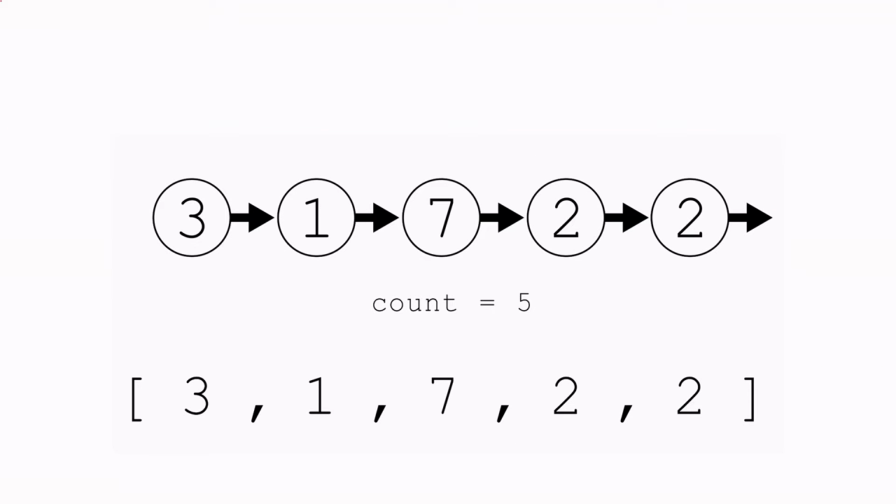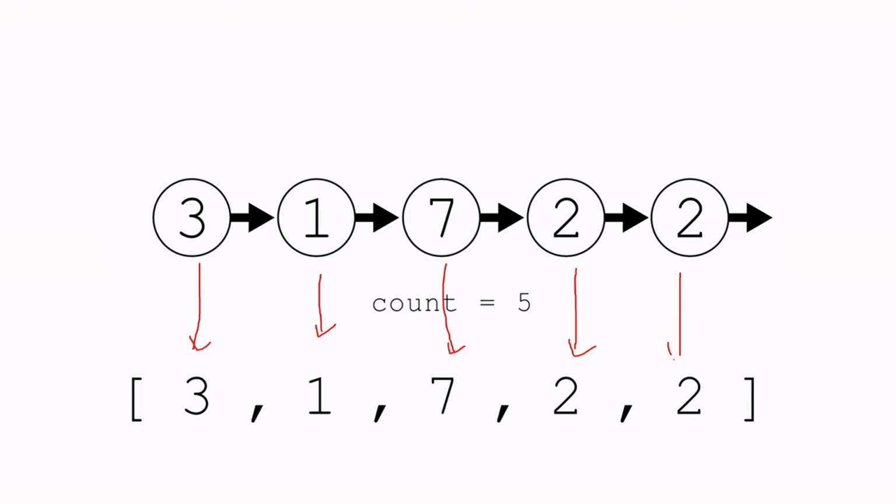We get the elements one by one, store them into an array list, and then we have all the indices. Linked list to array.